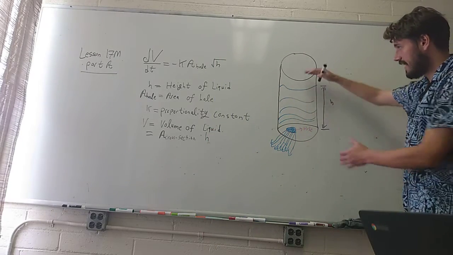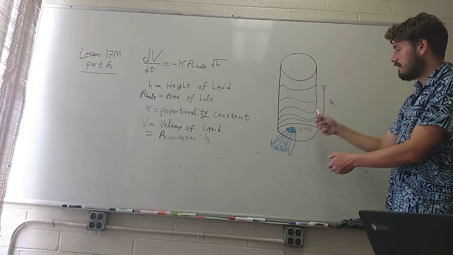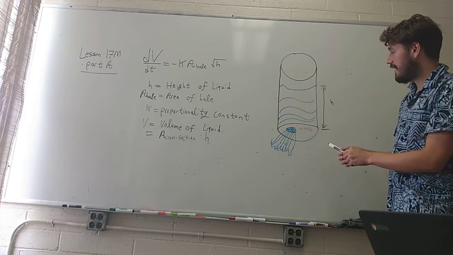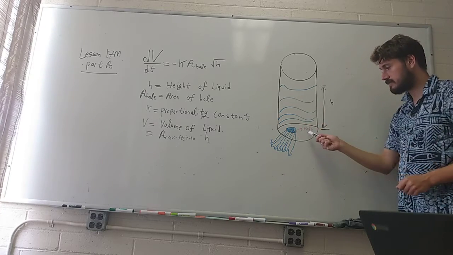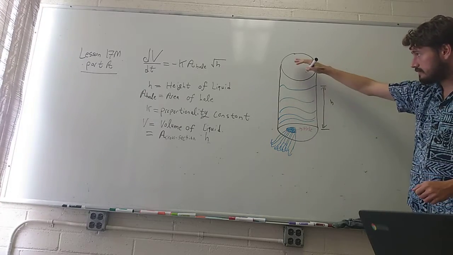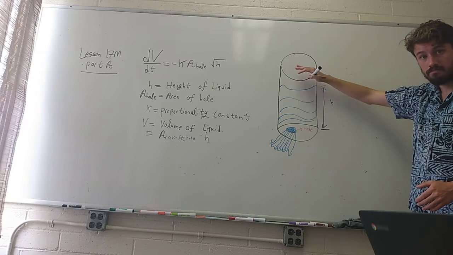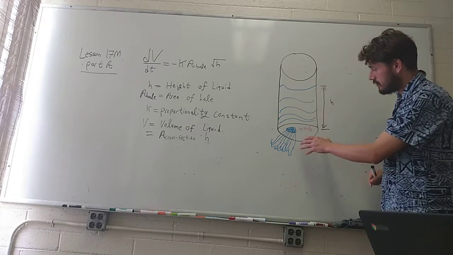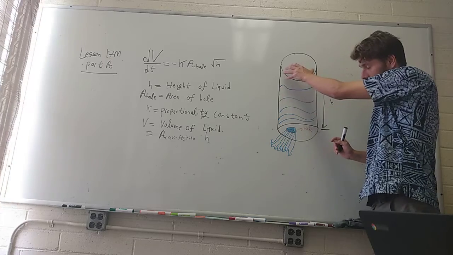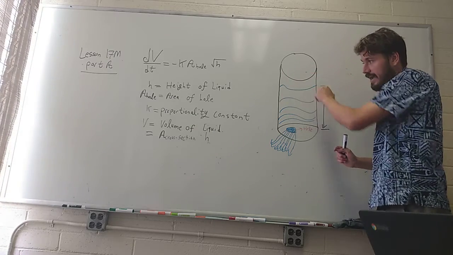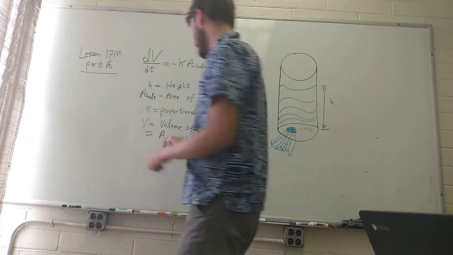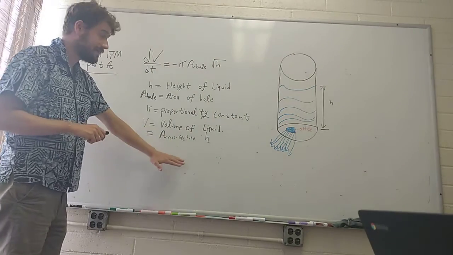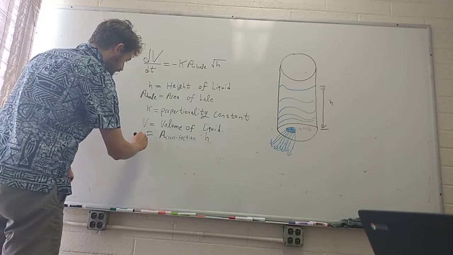So in this case, if the water was in a soda can, then the volume of the liquid would be equal to pi times the radius of the top or bottom of the soda can squared, so the area of the top or bottom of the soda can, times the height. And when we plug this back in here, this cross-sectional area doesn't change, so we get the following formula.